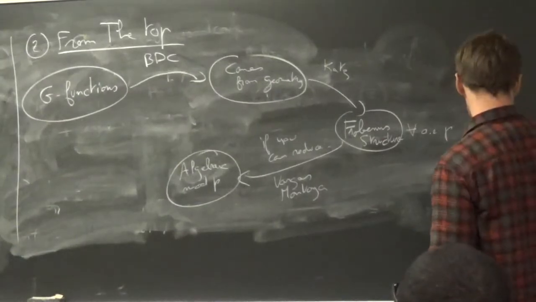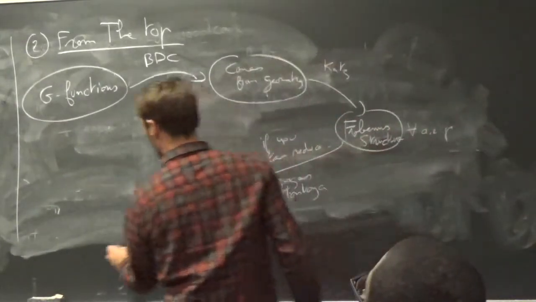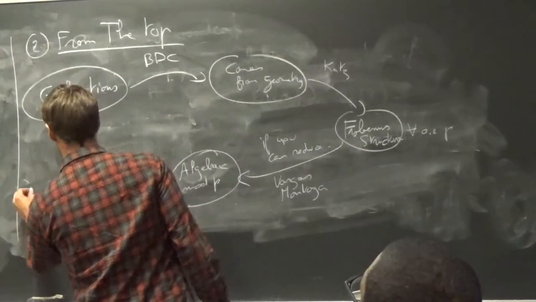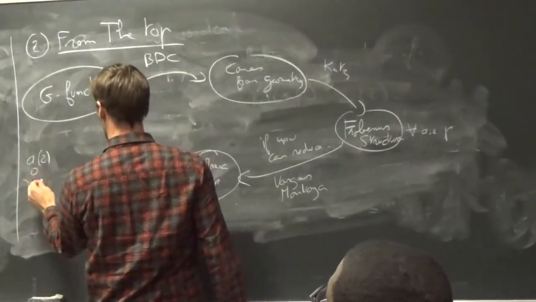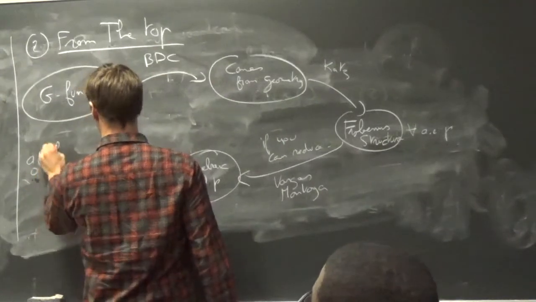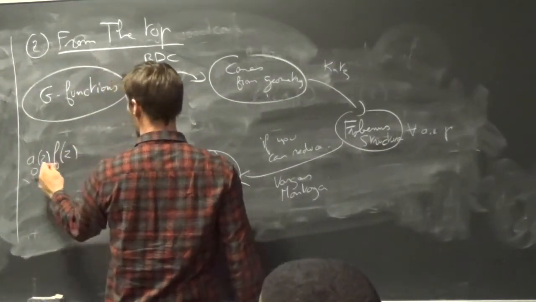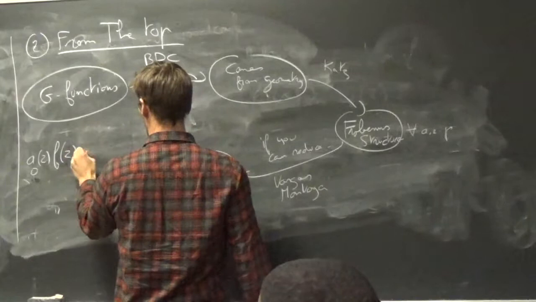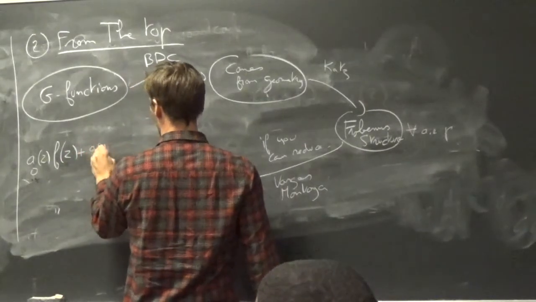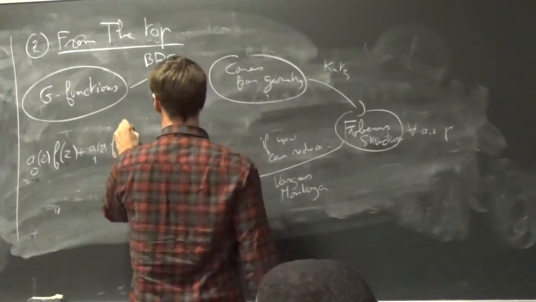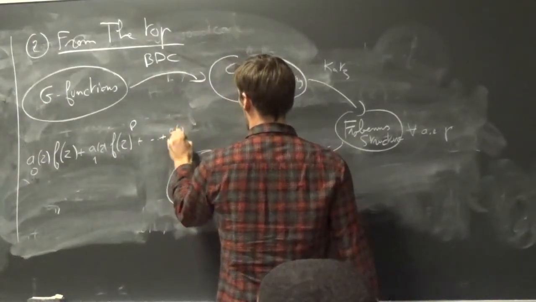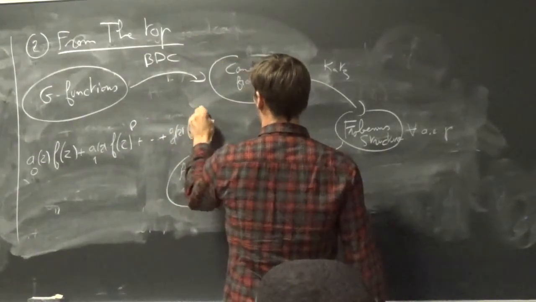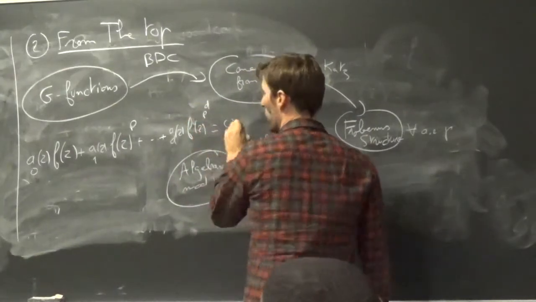So what you get is that this algebraicity mod p should look like an equation, and you can find an equation of the form A0(z) f(z) plus A1(z) f(z^p) plus ... plus AD(z) f(z^(p^d)) is equal to 0.